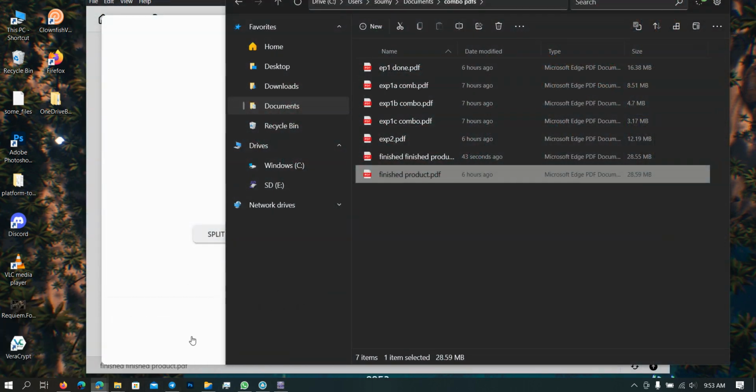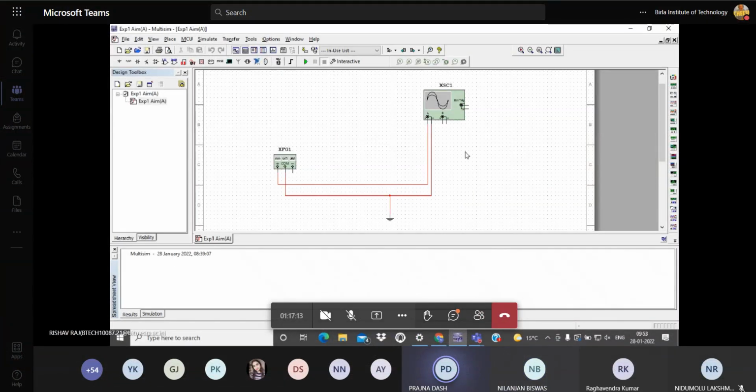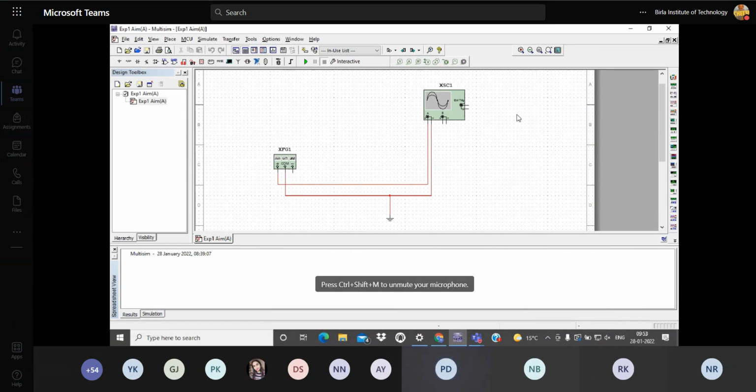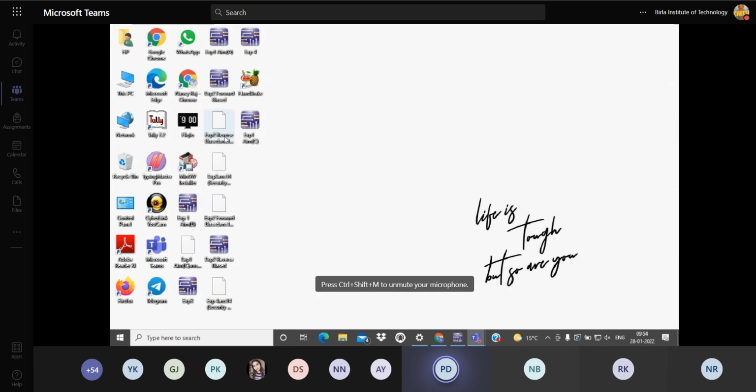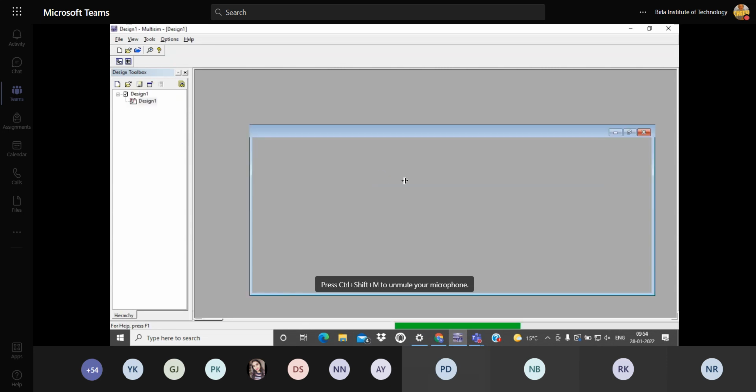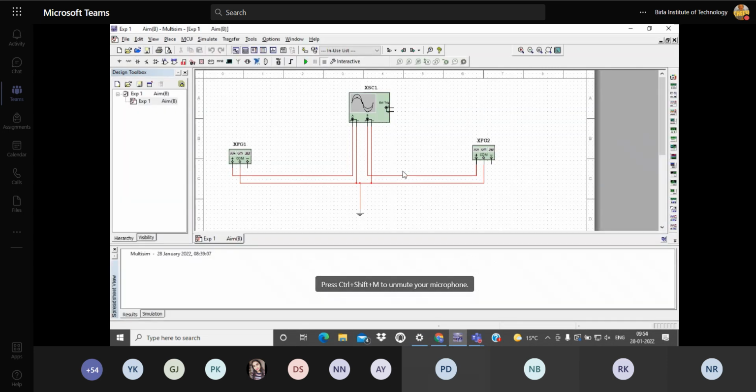So this is the experiment number 1A, ma'am. Is it visible? Yes, visible. This is the experiment number 1A. And this is 1B. Okay, so are you getting that Lissajous pattern?